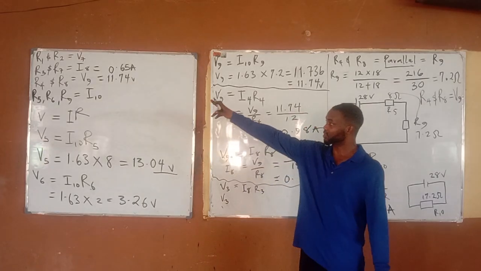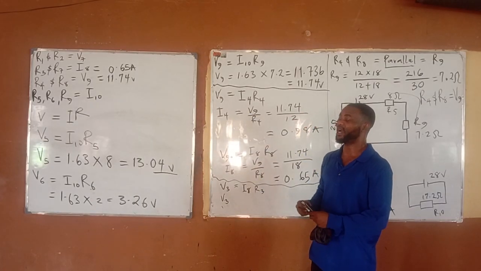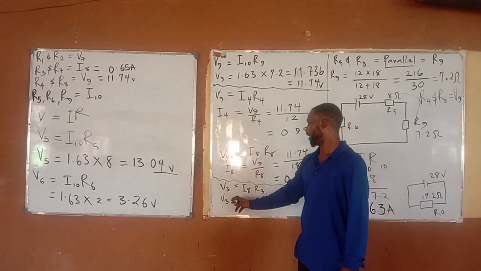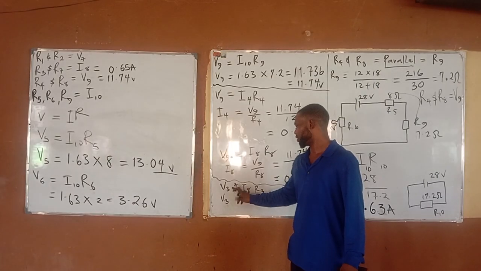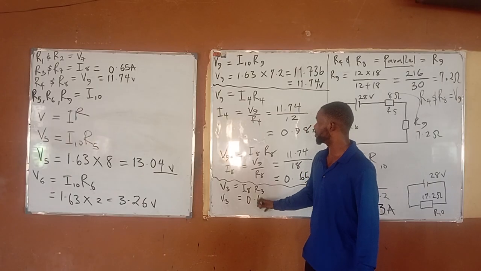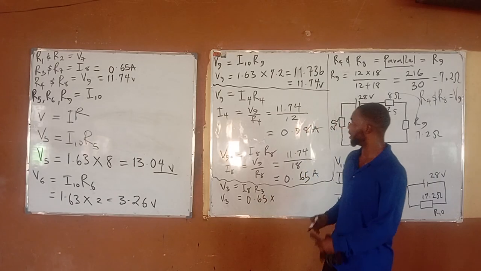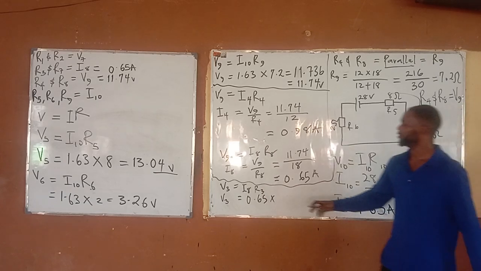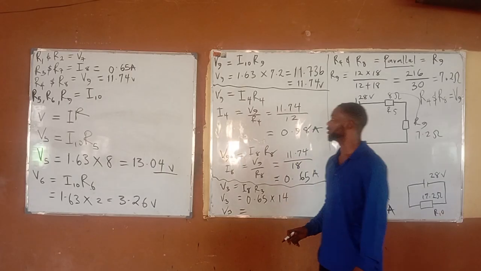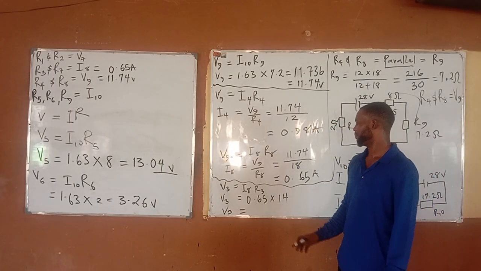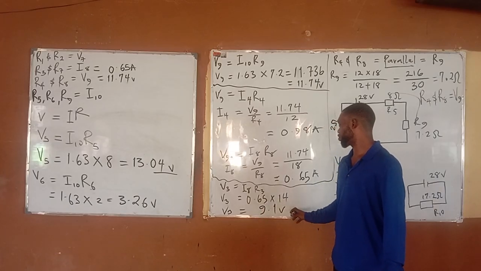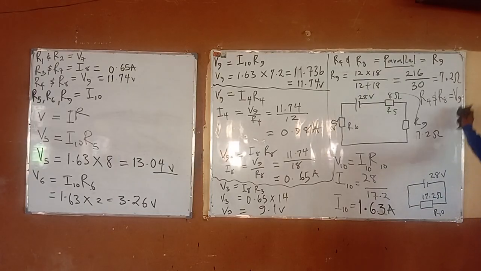So anyone that you see that thing to be equal to, that means you are going to find the V. And if you see V, you're going to find the I. So it's not hard, but you just need to internalize it. So V3 will now be equal to I8, 0.65, times R3. What's R3? Is it 14? Yes. Punch. V3 now will be equal to punch. 9.1 volts. Please be sure to be checking the answer so that they don't confuse us.